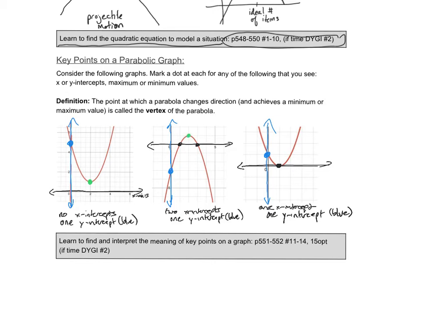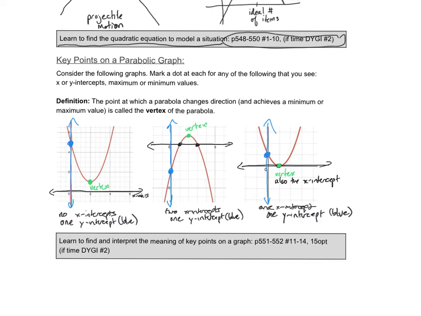And this is the vertex for the second graph, and this is the vertex for the third graph. So I'm going to label this the vertex, label this the vertex, and label this the vertex. And I want to point out that for that last graph, the vertex is also the x-intercept, which is not always true, but it is true in this particular picture.